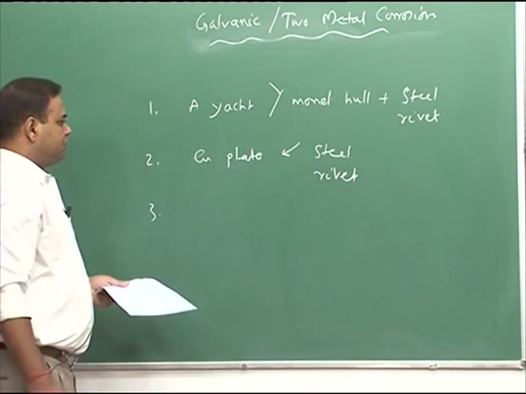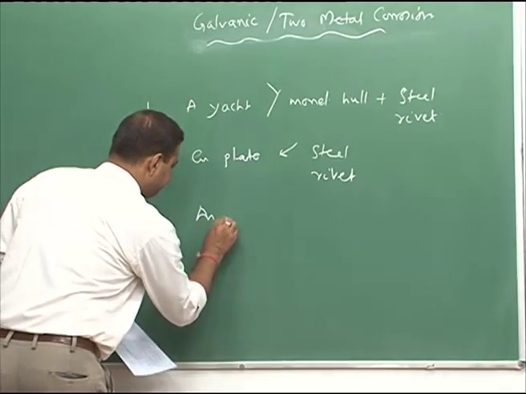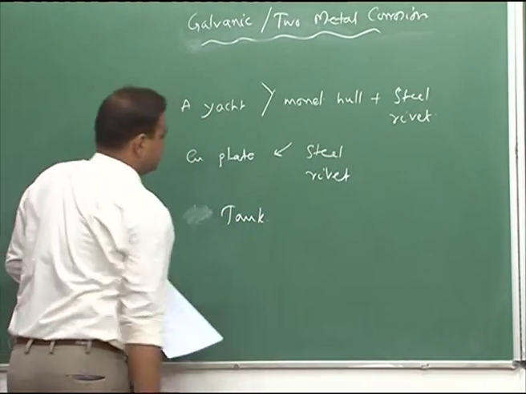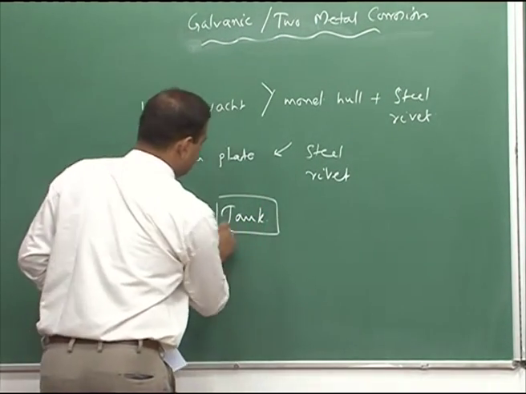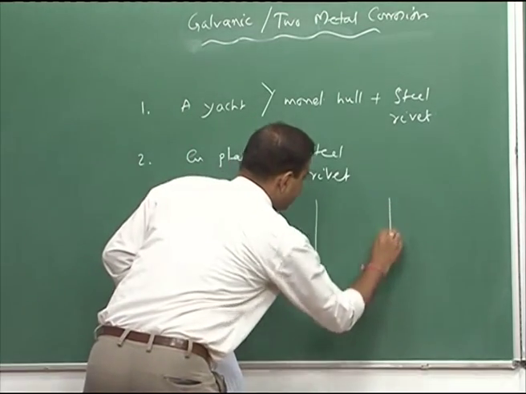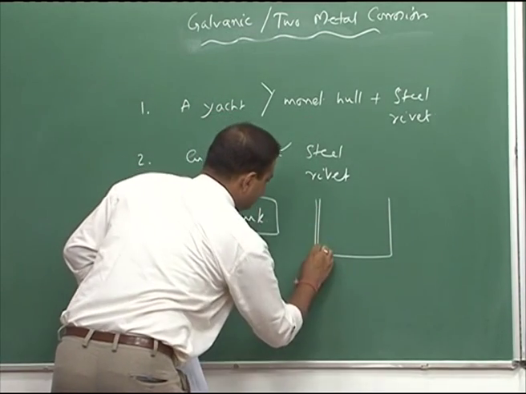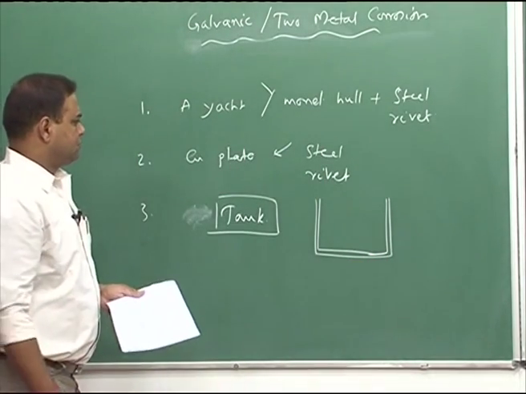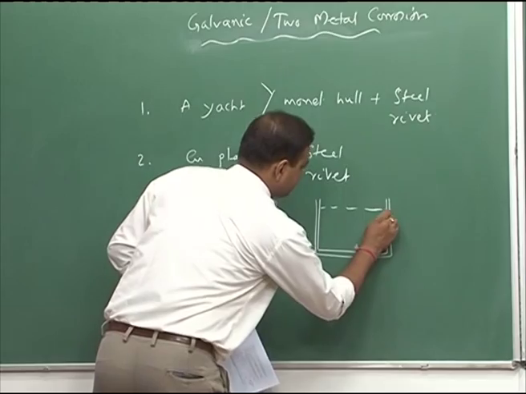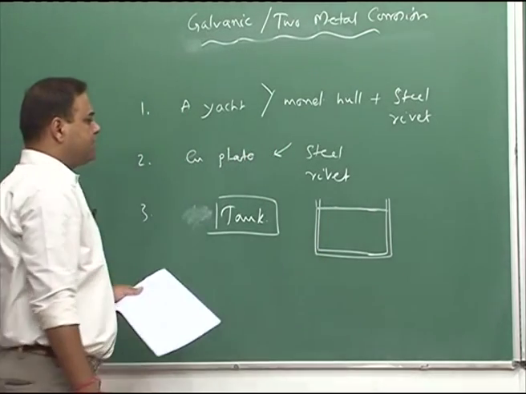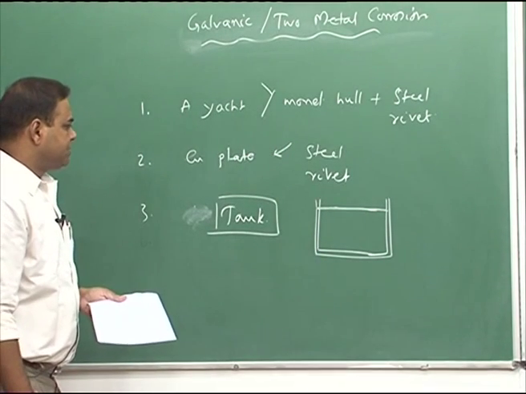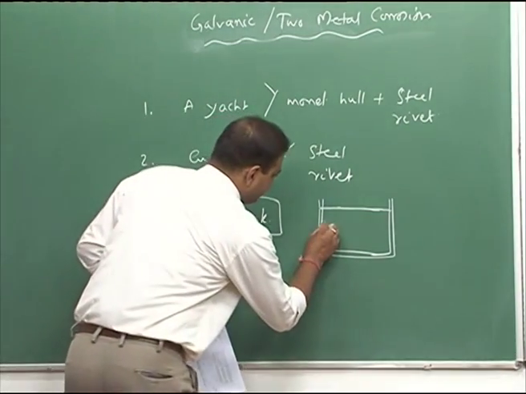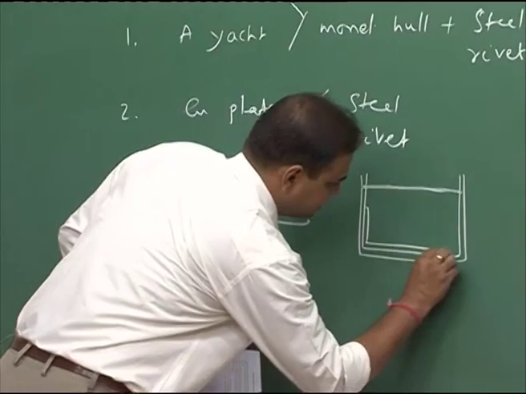Third is an example of a water tank. Initially it is made of mild steel, and the electrolyte is mildly corrosive, but to have further protection, we put in a stainless steel bottom.